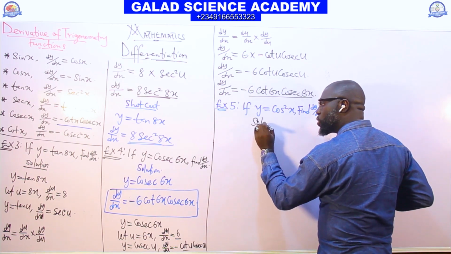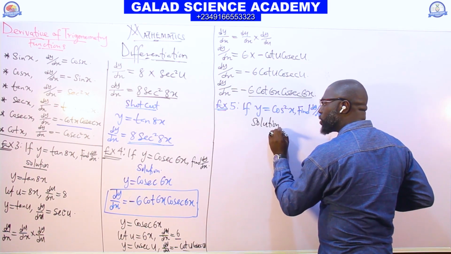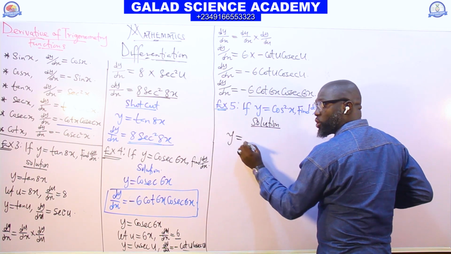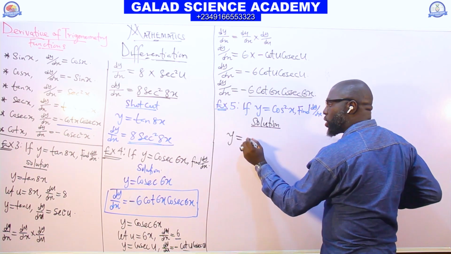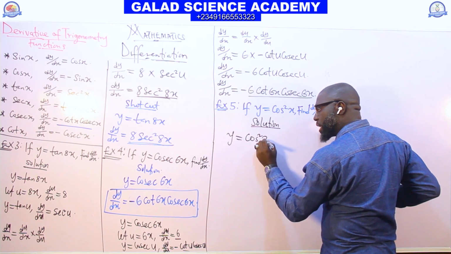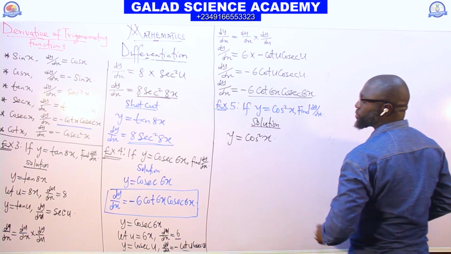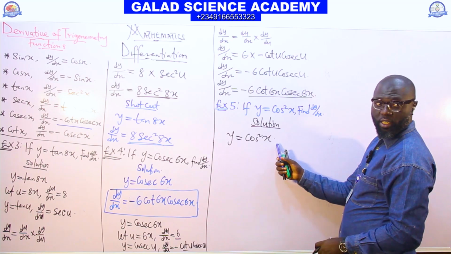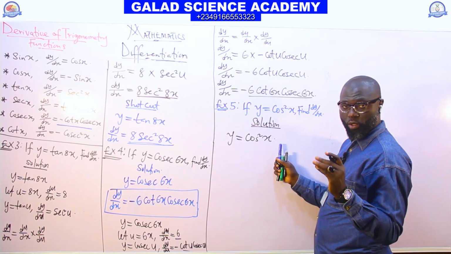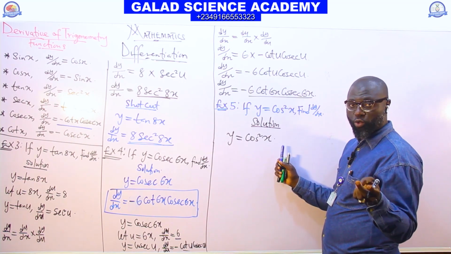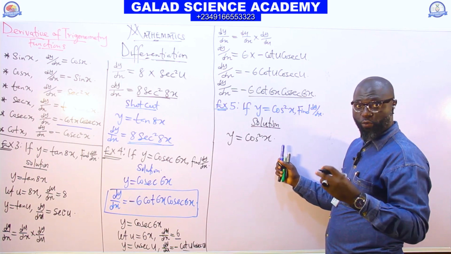Solution: y equals cos squared x. We can solve this by two methods, either by using product rule or by using function of function.